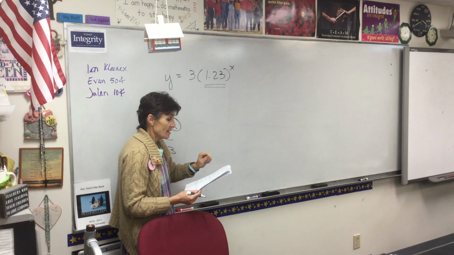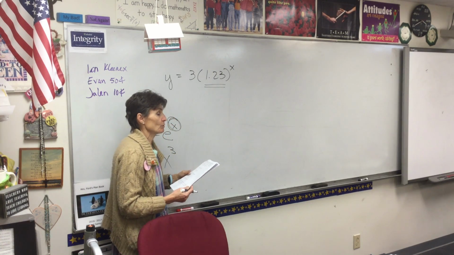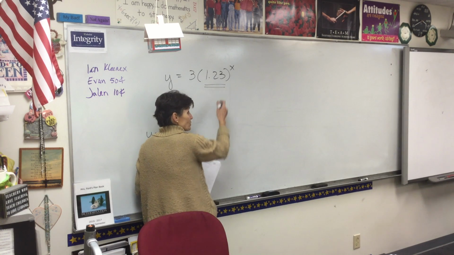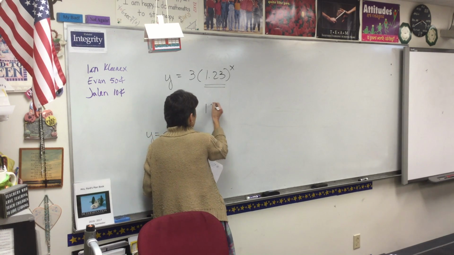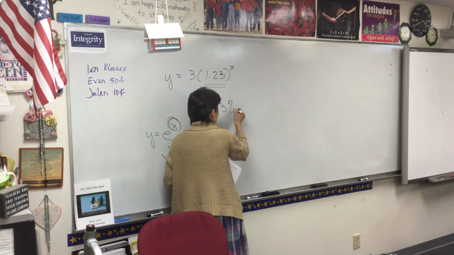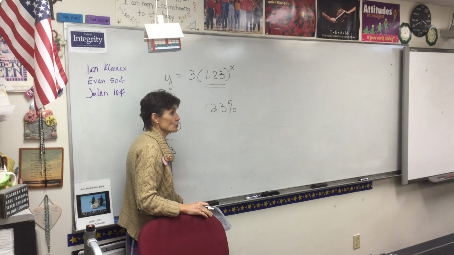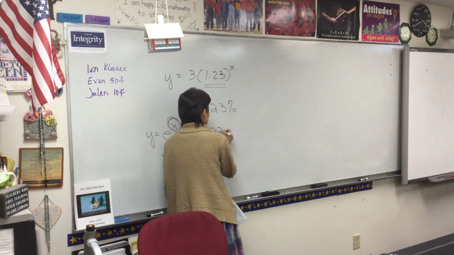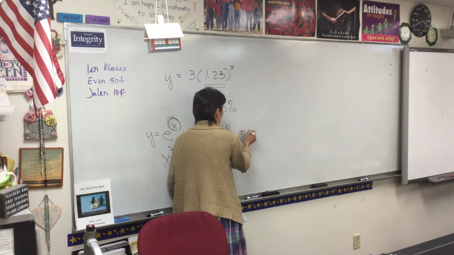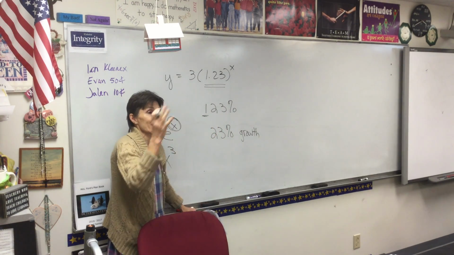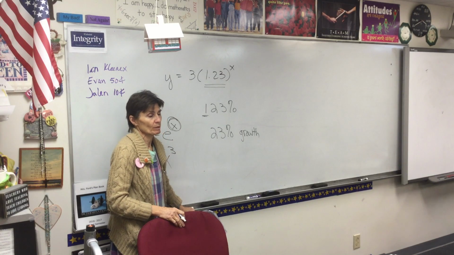Yes. Okay. Now, state the rate of growth or decay. When I am multiplying by 1.23, that is like 123%. Would you agree with that? So this is a 23% growth. It is the original 100 plus an additional 23%.